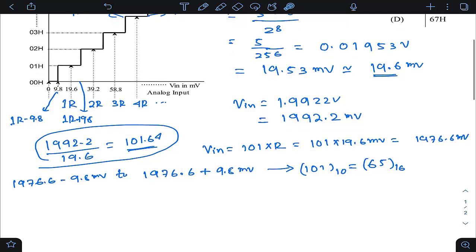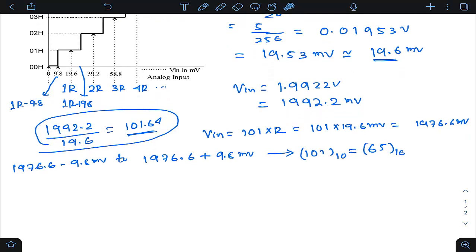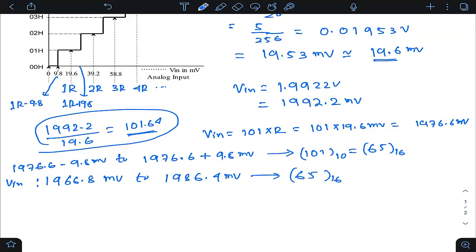If you check, this range is 1966.8 millivolts to 1986.4 millivolts. If the input is in this range, the output is 65 base 16. But what is your input? Your input is 1992.2 millivolts.